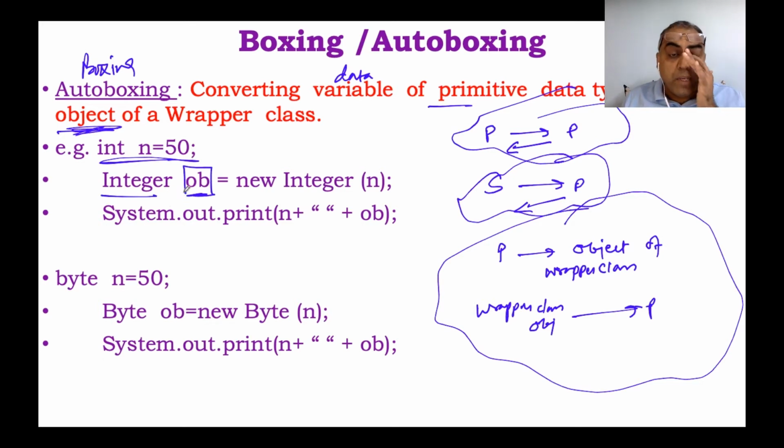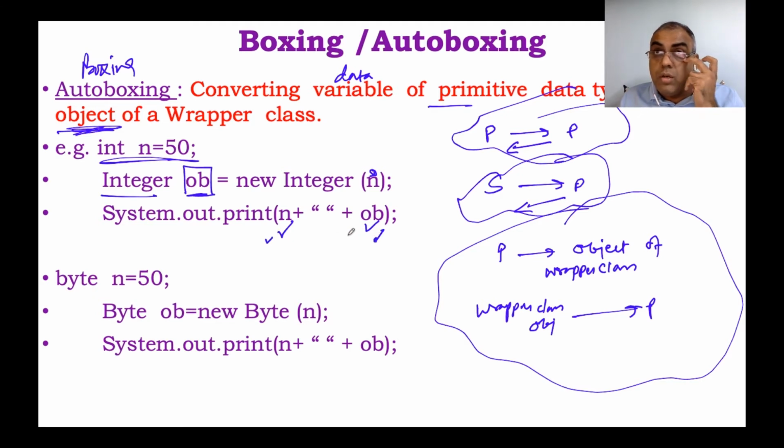Here also you can take any variable, is equal to new Integer, and the value is passed over here. So the computer will apply 50 here, 50 will go into an object. Now both n and ob will hold 50. This will be a value in primitive form, this will be a value in object form.